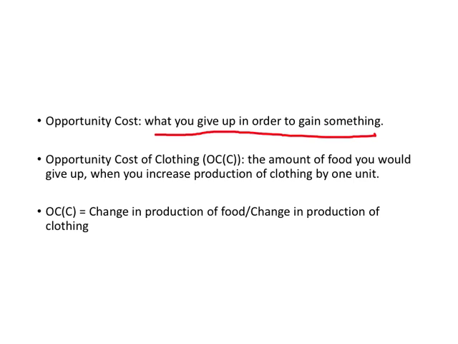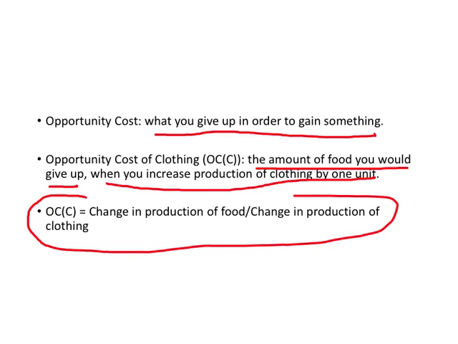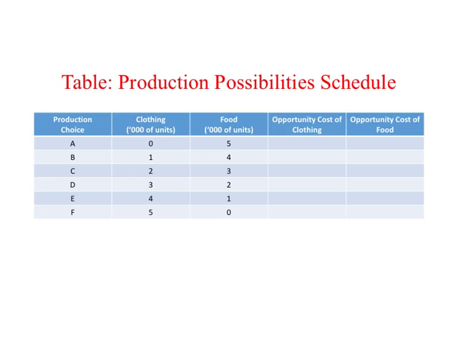It will be the amount of food you give up when you decide to have more clothing, or more formally, the amount of food you would give up when you increase production of clothing by 1 unit. And we can measure opportunity cost in precise terms. Opportunity cost of clothing will be the change in production of food divided by the change in production of clothing, and this will give us the exact number associated with opportunity cost of clothing.